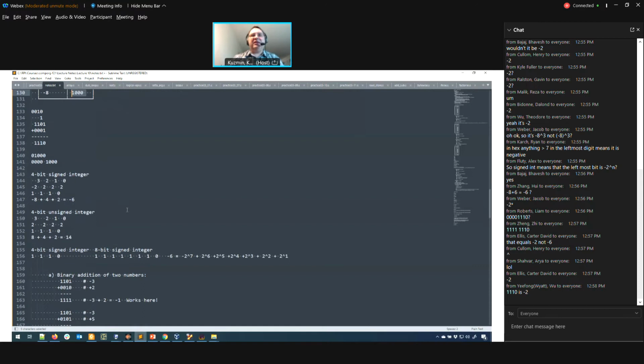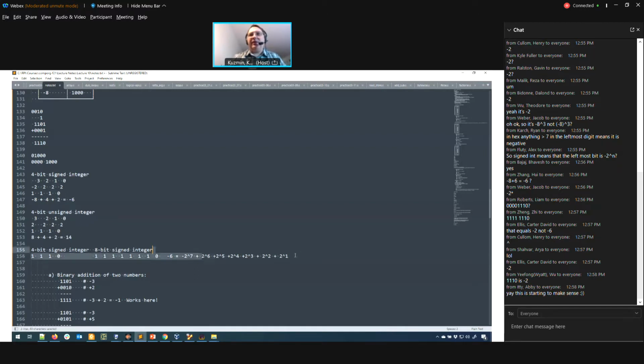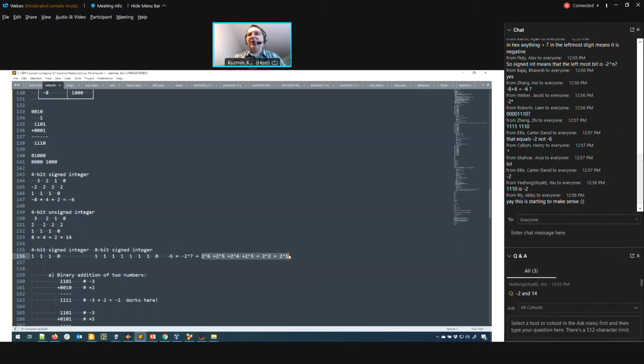If this bit is set, then we get this large negative value that we can only make less negative if we have some other ones set in our number, because all other weights are positive. So we start with a big negative value, and then we are trying to make it not as negative with those parts.